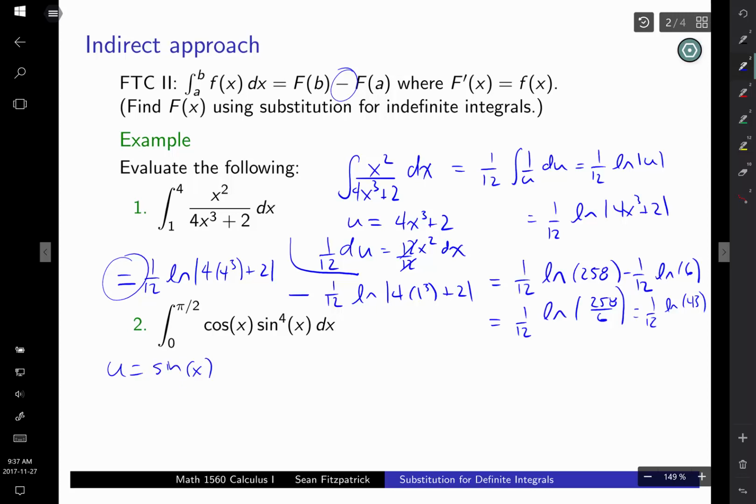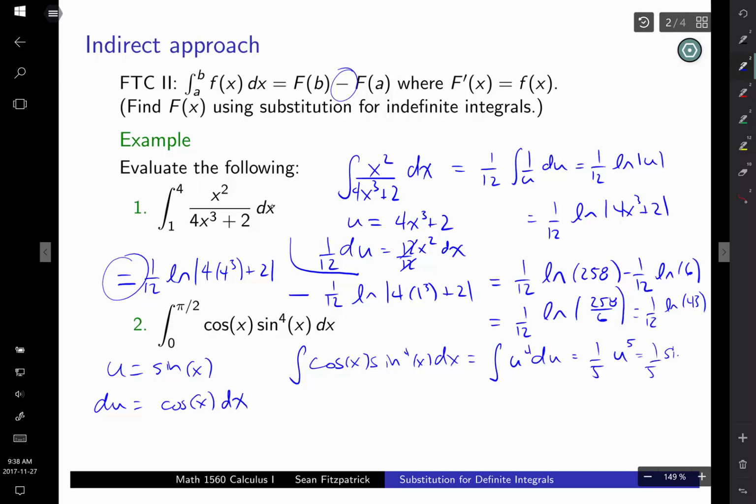So u is sine x, du is cos x dx, and so we say, the integral of cos x sine to the 4th x dx is the integral of u to the 4 du, which is 1 over 5 u to the 5, which is 1 over 5 times sine to the 5th x.